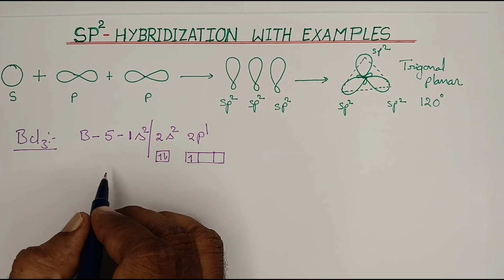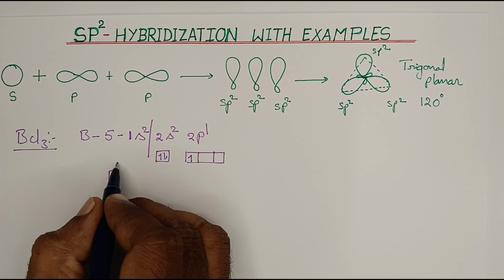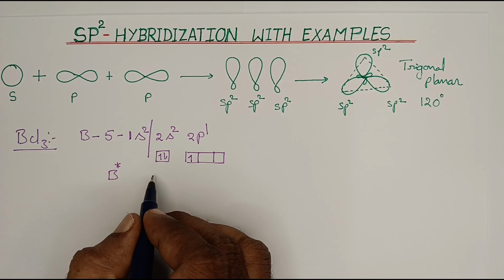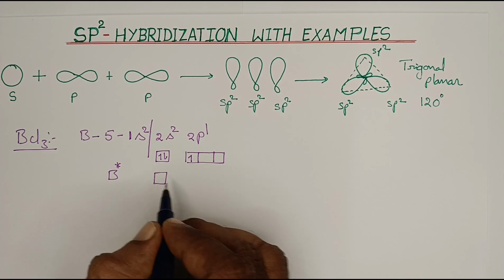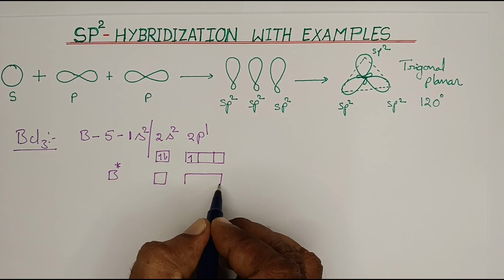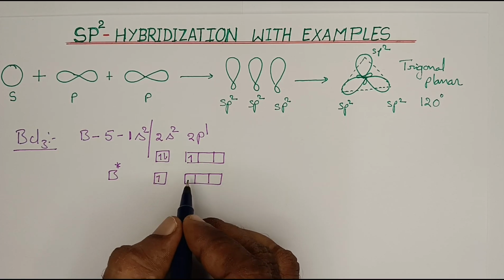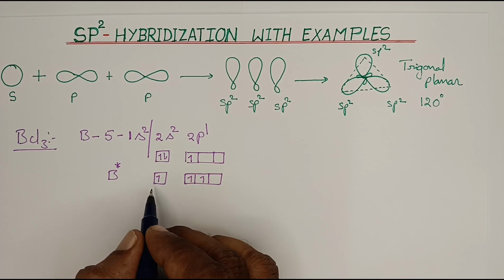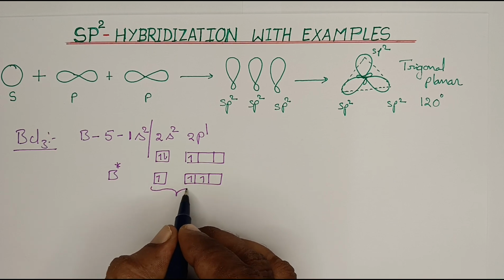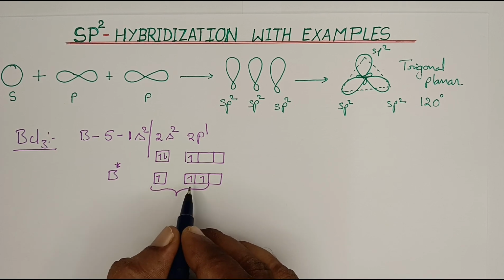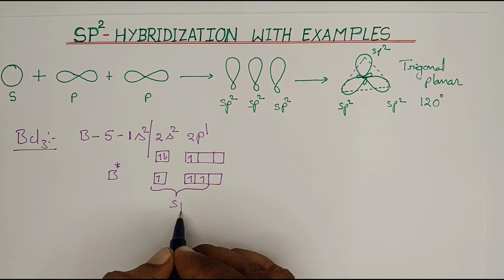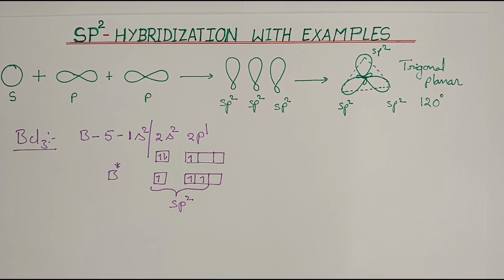So after excitation, an electron jumps from s level to p level, that means from here to here. So the hybridization will be like this. So s and 2p, that is sp2 hybridization.